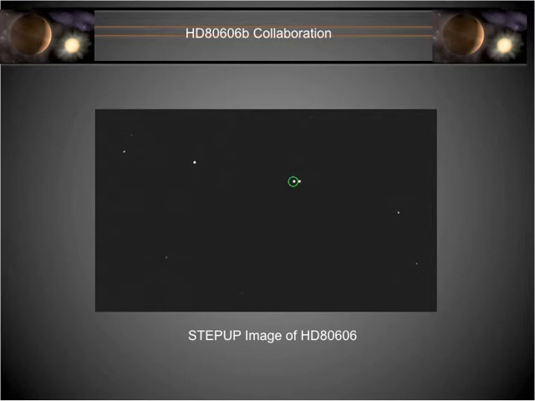Interestingly enough, the star that's very close next to it to the right is HD 80607, and when you see two stars close together like this, you cannot generally assume that they are associated with one another. It could just be the way things are aligned from our perspective. But in this case, HD 80606 and HD 80607 are associated with each other.